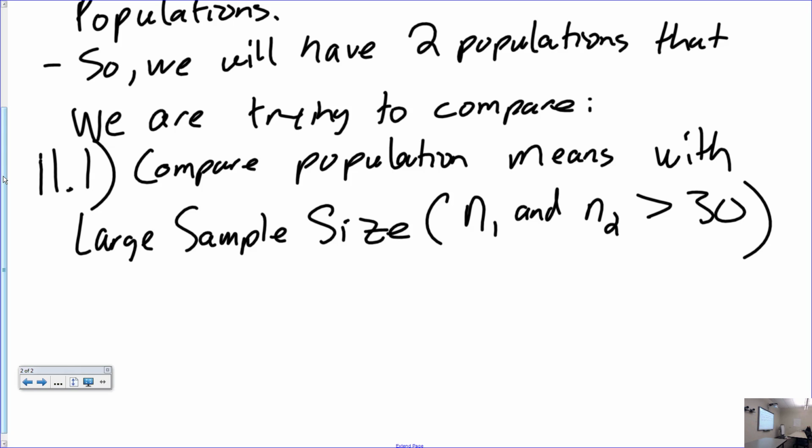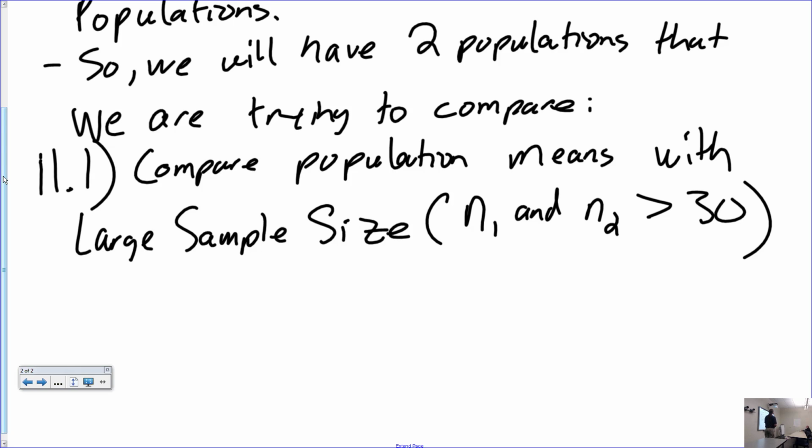And note again, large in statistical sampling basically means that the sample sizes are going to be more than 30, both of them, right? And again, remember there's two populations, so one is the first population, two for the second population, right?